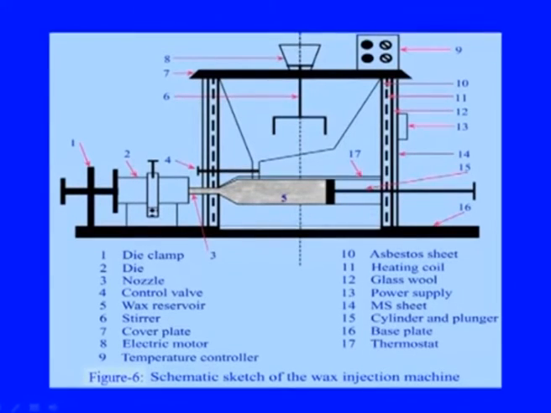This is the schematic sketch of the wax injection machine, in which this is the nozzle and this is the wax reservoir. This is the plunger and cylinder arrangement through which this is pressurized.